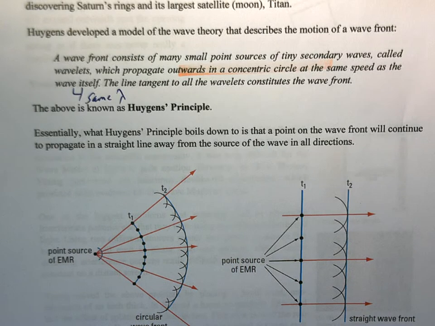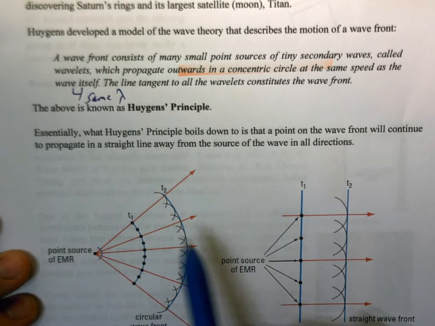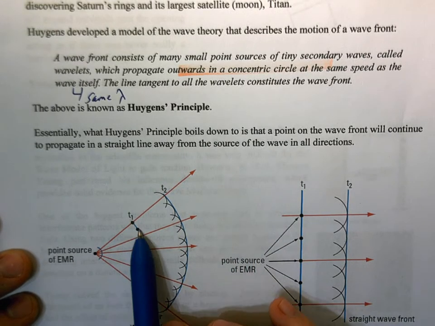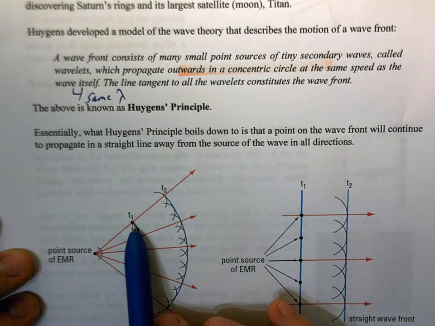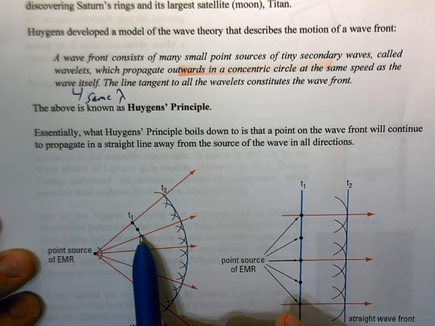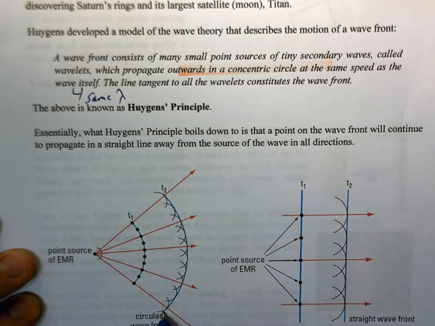Basically, Huygens' Principle says that a point on the wave continues to propagate in a straight line away from its source, going out in all directions. We can see here this point source wave going out in all directions. If we pick this wavefront here, we can see that it is made up of smaller little wavelets, and those wavelets are propagating out in tiny concentric circles.